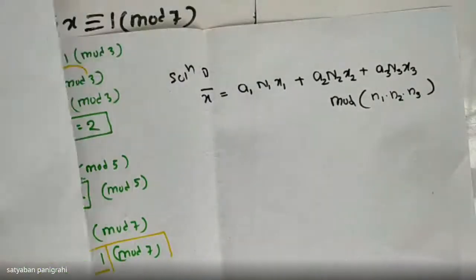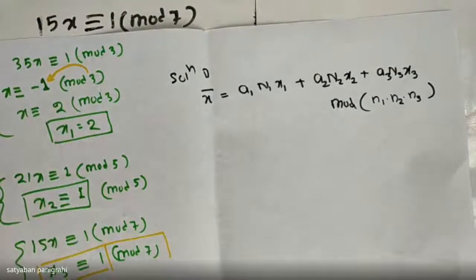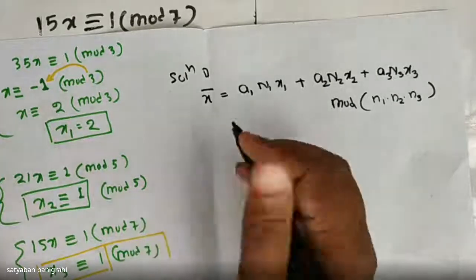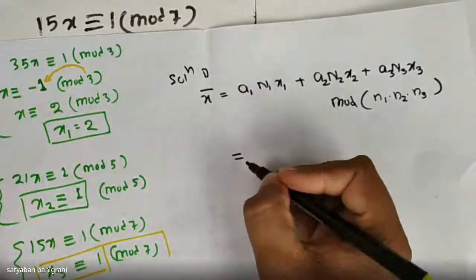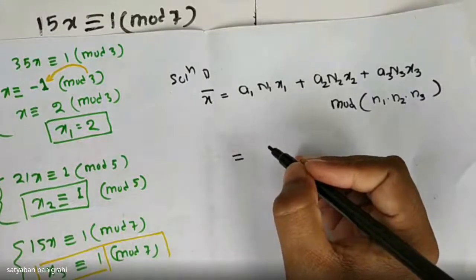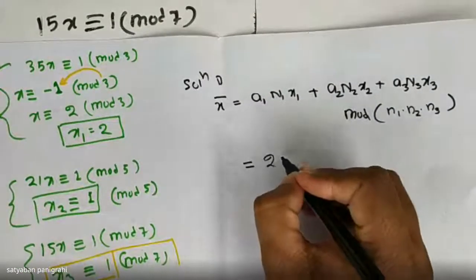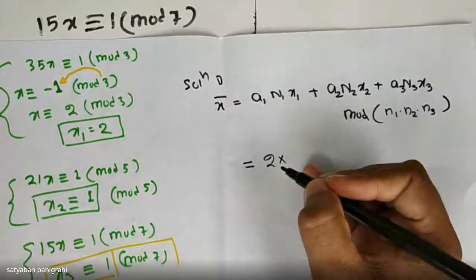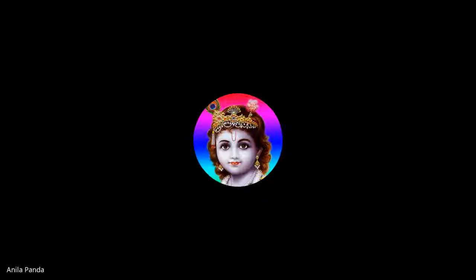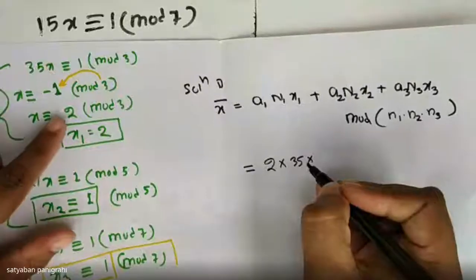So my solution will be x bar equals a1 is 2, capital N1 is 35, and x1 we got 2.